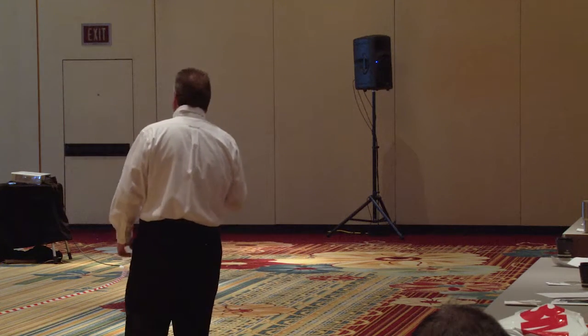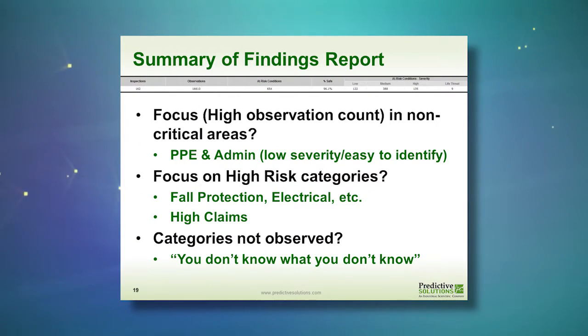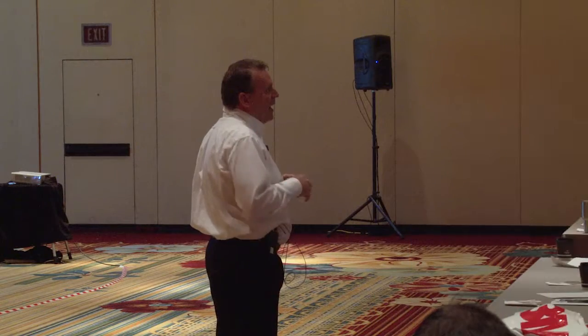Okay. The next thing is, and this is one of the secondary metrics, what do you look at when you go out and make observations? If you take nothing away from this, I want you to consider how you're currently collecting observations and is there a better way to do it?